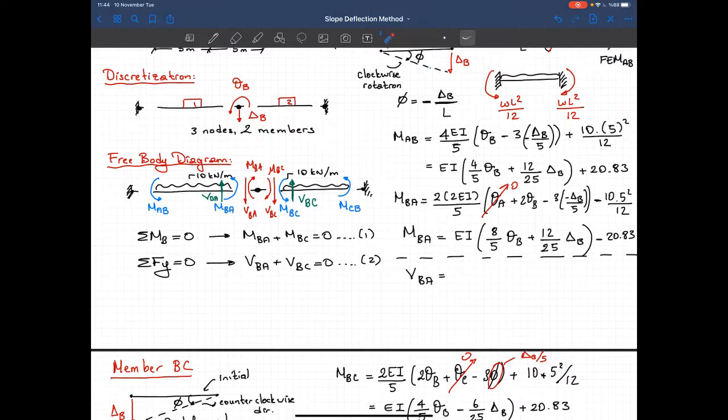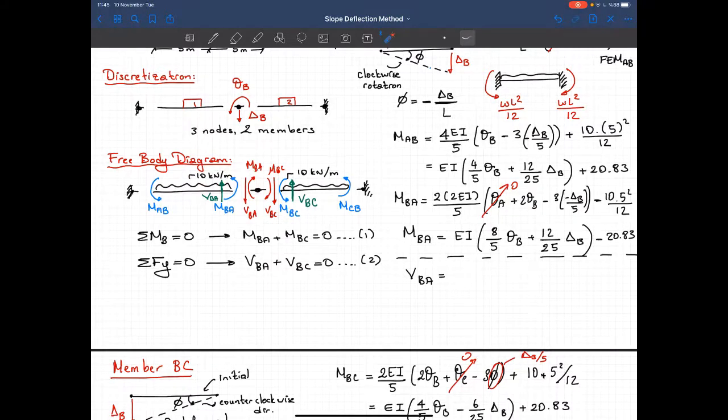In order to do that, I will be using this free body diagram. I'm taking moment with respect to that point. Then V_BA times 5 minus, oh, they are all in the same direction, sorry. V_BA times 5 plus M_AB plus M_BA minus the moment created by this uniform distributed load should be equal to 0.